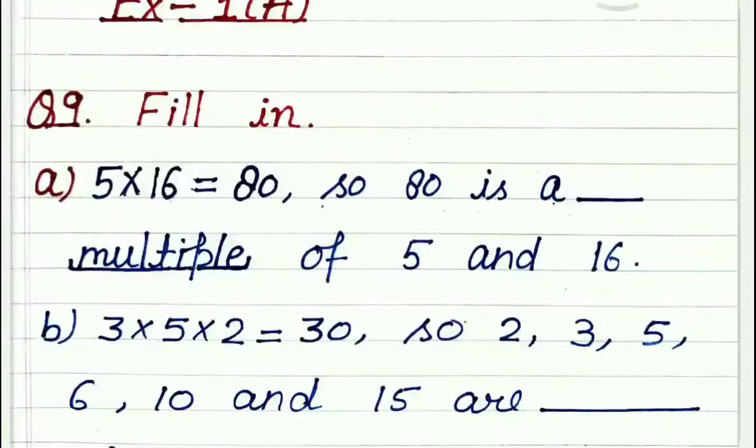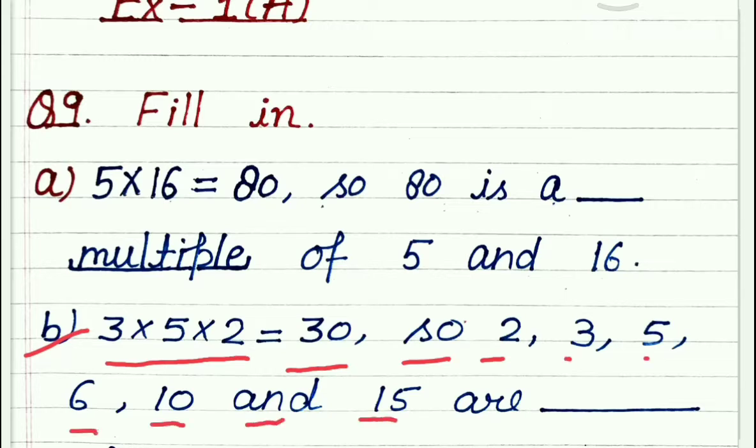Yes, here see B part is given: 3 into 5 into 2 is equal to 30. So 2, 3, 5, 6, 10 and 15 are dashes given. What will these numbers be? These will be factors, so here you write the answer: factors.